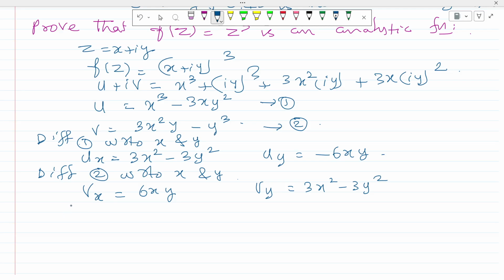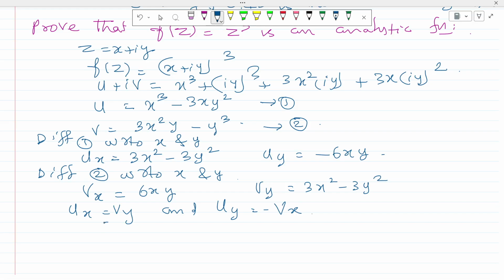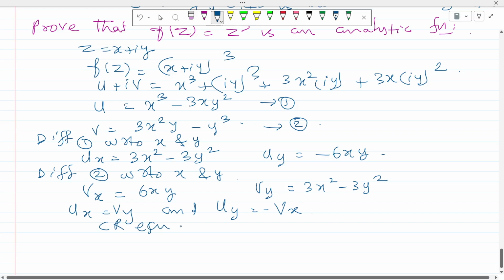So Ux equal to Vy and Uy equal to minus Vx. Therefore, CR equations are satisfied.